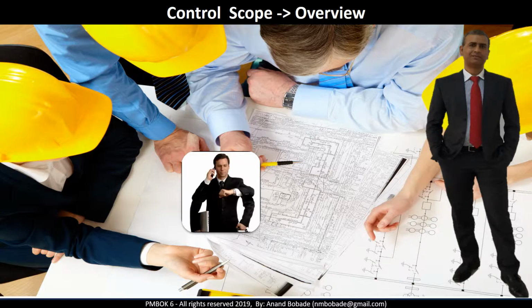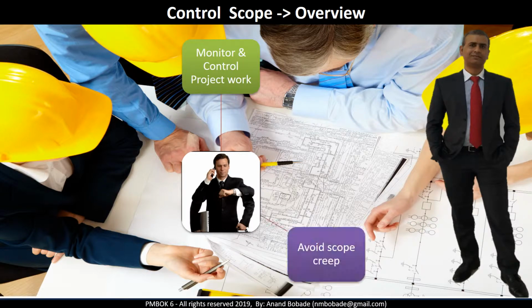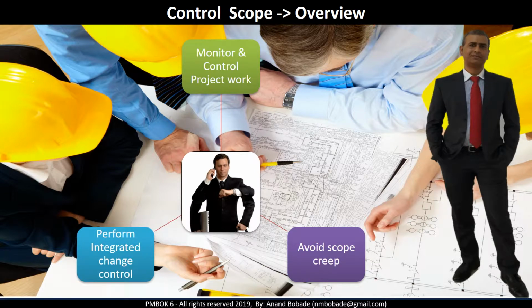As a project manager, under control scope process, you will monitor and control project work. This is to check variance and to ensure team is delivering what is required to deliver, avoid scope creep, and required changes are processed through a proper integrated change control process.